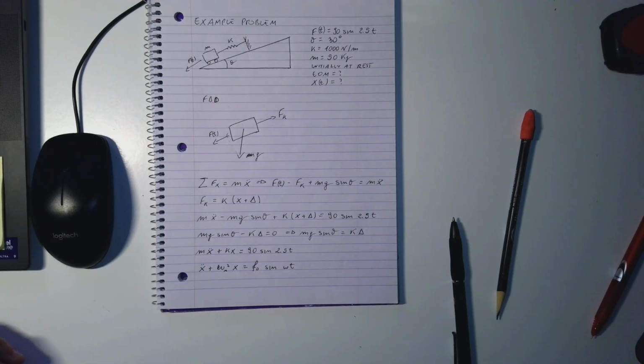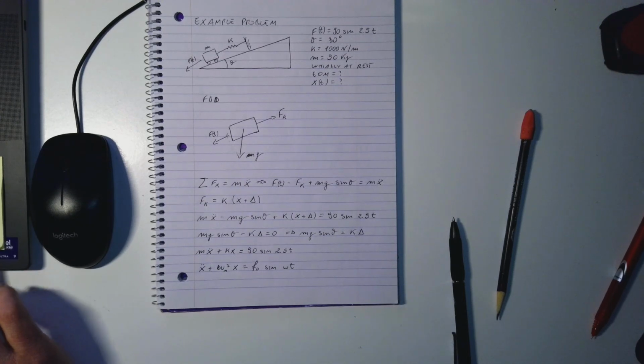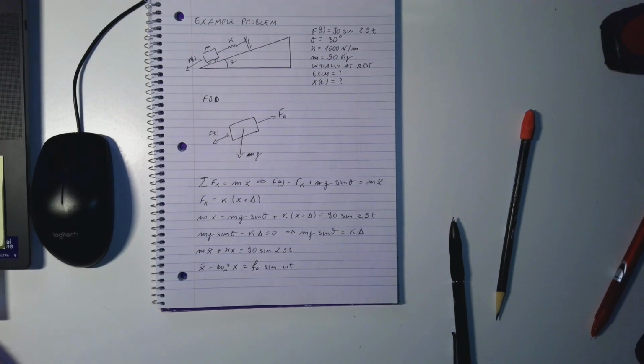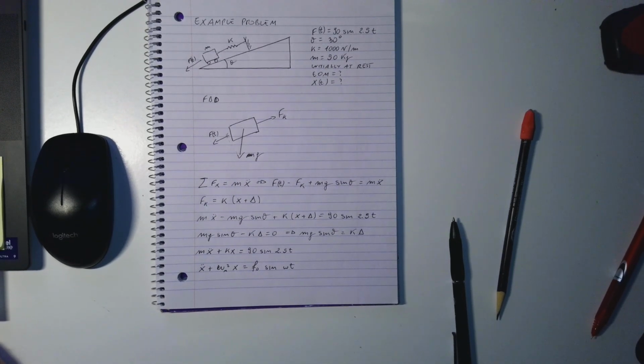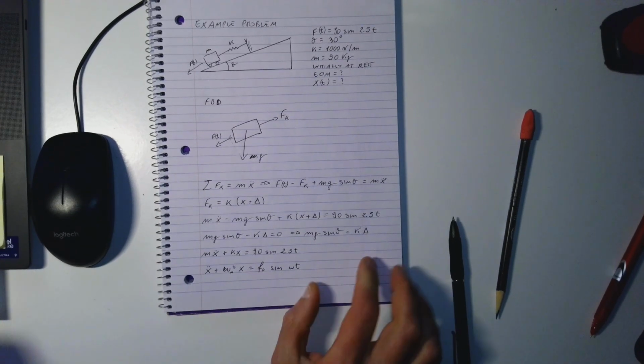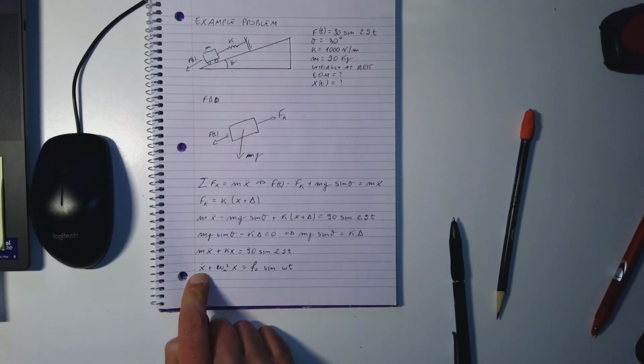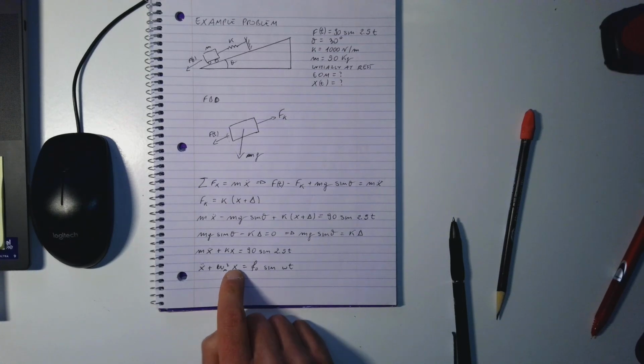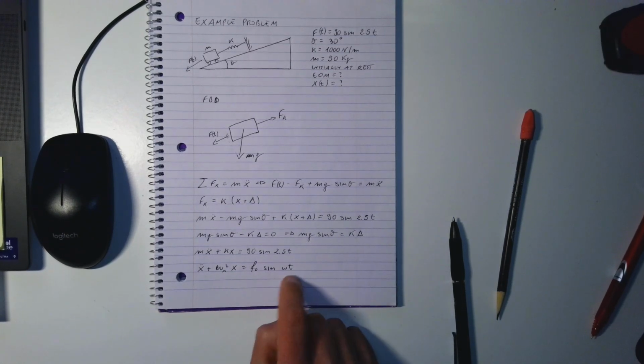What do we do with this? Okay, we have to find some solution of this equation, but the standard form that we have is the second derivative of the function plus omega n squared times the function, equal to the external force.